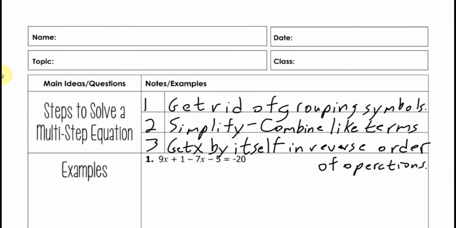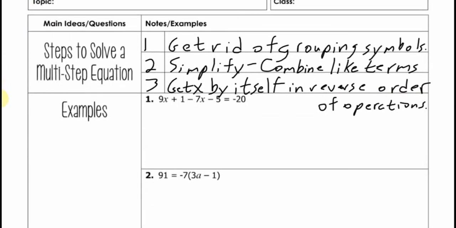All right, so let's do example one. Example one here doesn't have any kind of grouping symbol, so you don't have to worry about step one. We can go to step two, combine like terms. So I'm going to combine the 9x with the minus 7x. Notice I'm looking at the sign in front of the 7, not this plus sign.